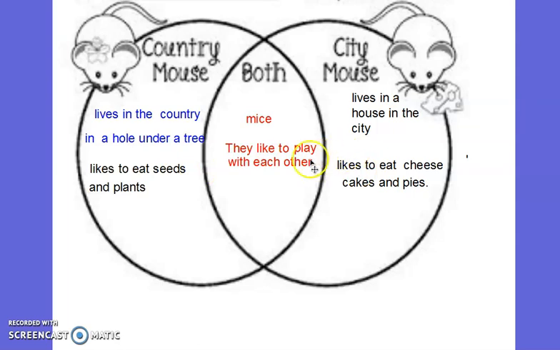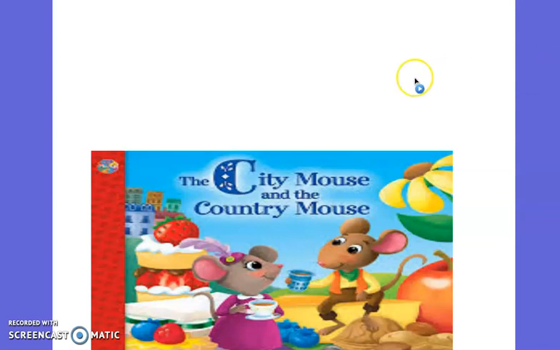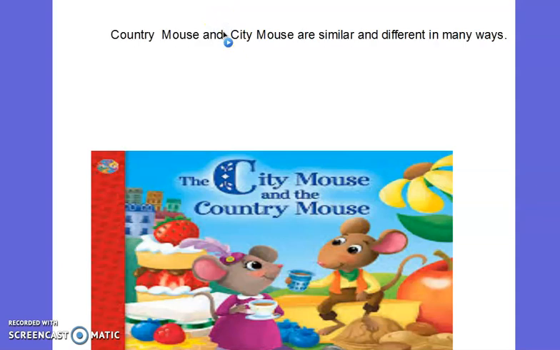Now, after we finished writing the similarities and differences, we want to start with our paragraph. We have to write a topic sentence at the beginning of the paragraph, and of course we want to leave a space. We want to leave a space and write our topic sentence.